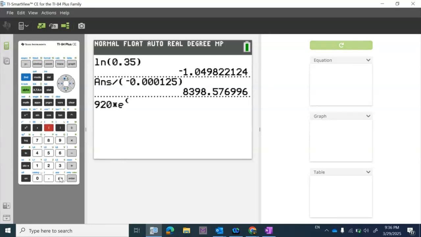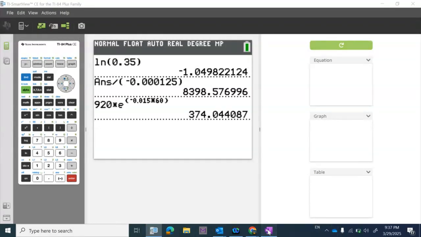You have to be careful when you have negatives. Negative 0.015 multiplied by just 60 years, and then make sure you close this parenthesis, and then move your arrow, and then equals. Okay, so this is going to be 374.